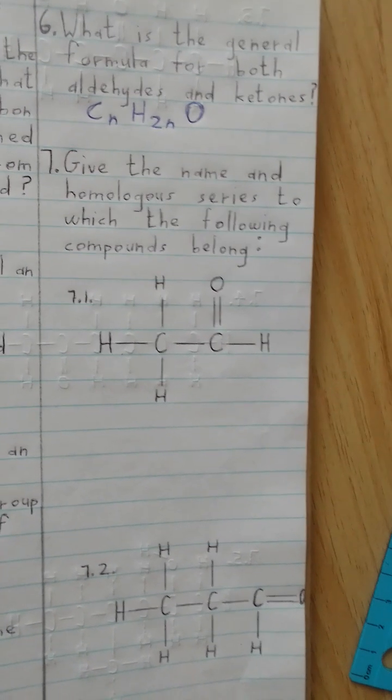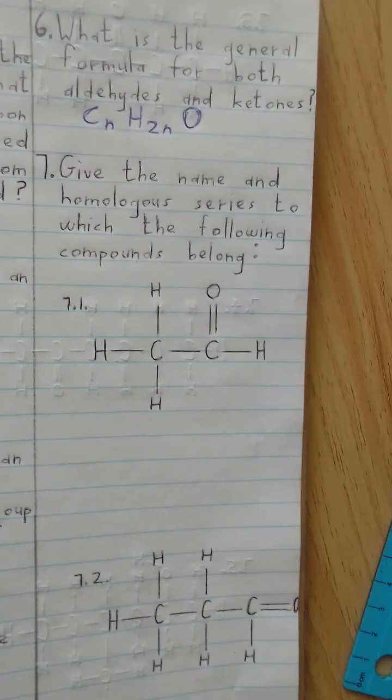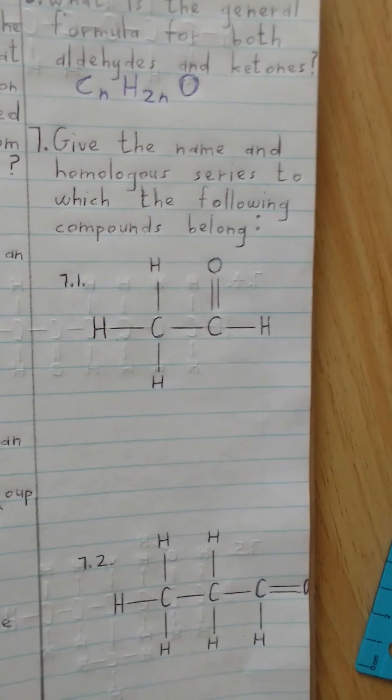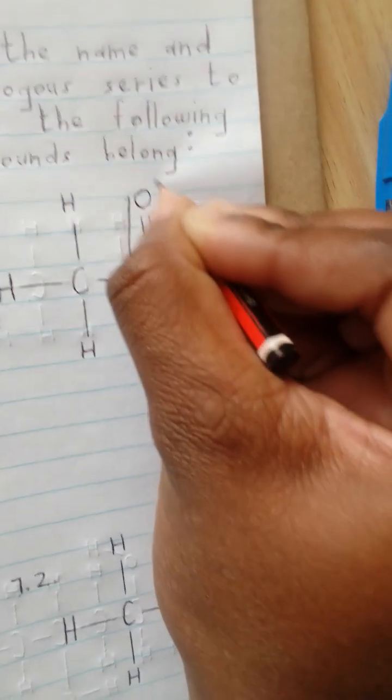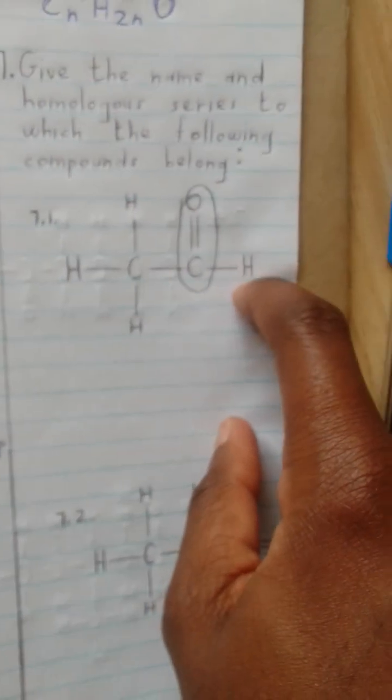Number 7 states, give the name and homologous series to which the following compounds belong. 7.1, we have that compound. So as we can see, we have a carbonyl group here, right? Then we have a hydrogen. So this is a formyl.